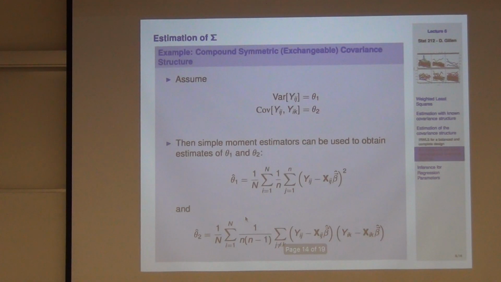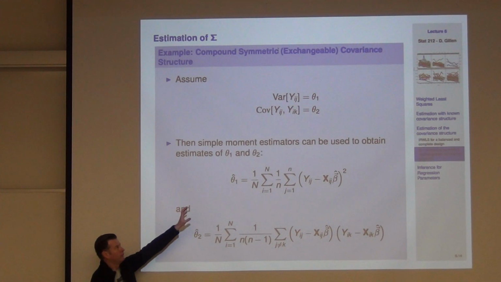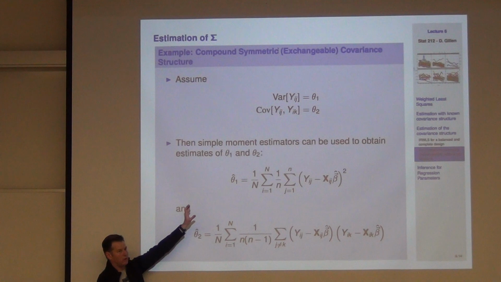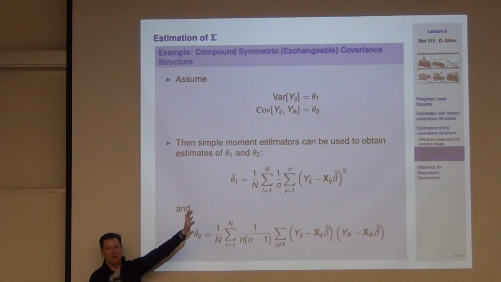So, let's look at one simple example here, and then we'll talk about how to extend this to other cases. The simplest example that you can think of, where you're going to allow for some correlation, is what I've been referring to as either the compound symmetric or the exchangeable covariance structure case, right? And remember, this same structure arises from assuming what type of random effect model?